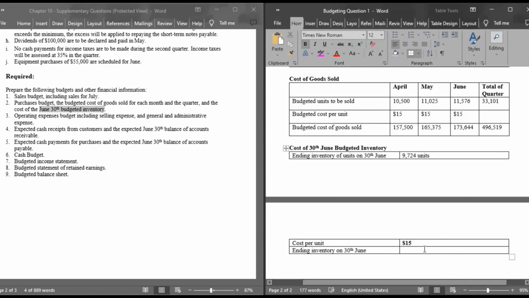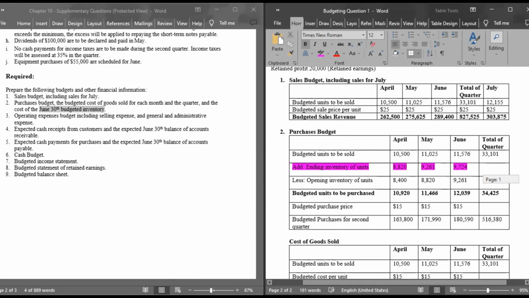Just multiply these two values. 145,860.